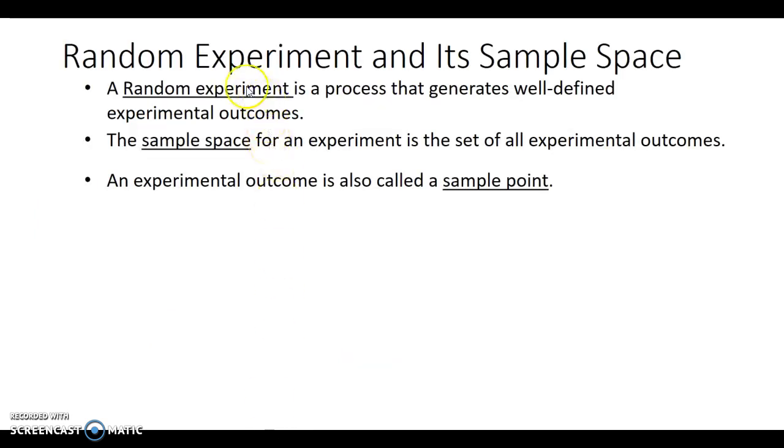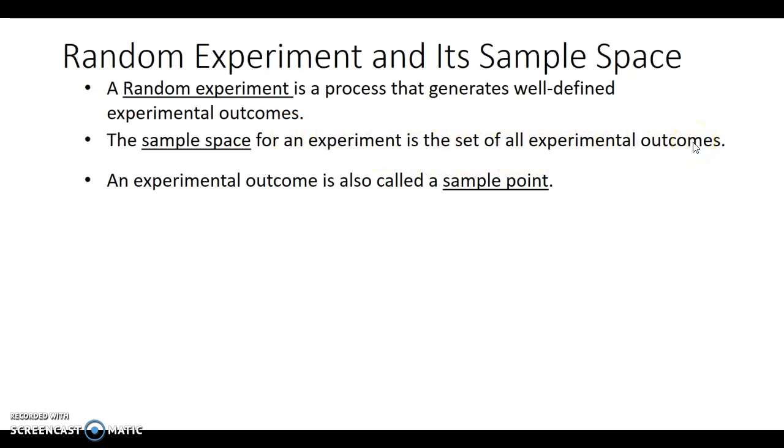Now, we're talking here about a random experiment, which is a process that generates well-defined experimental outcomes. These underlying terms are things you want to make sure you have definitions for, so you might want to write them in your notes and study these. So a random experiment is a process that generates well-defined experimental outcomes. Flipping a coin one time is a random experiment. The sample space for an experiment is the set of all experimental outcomes.